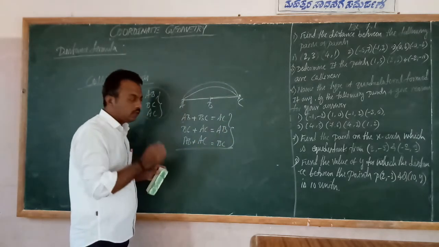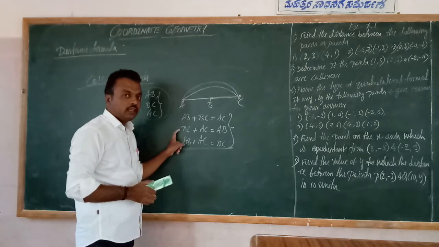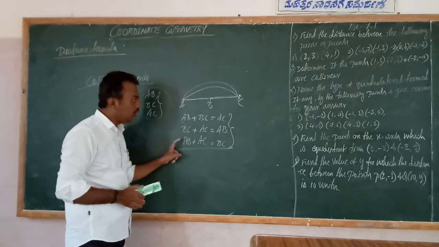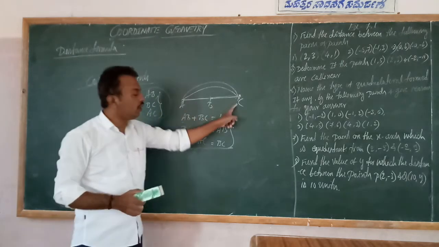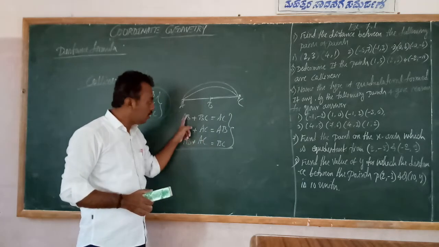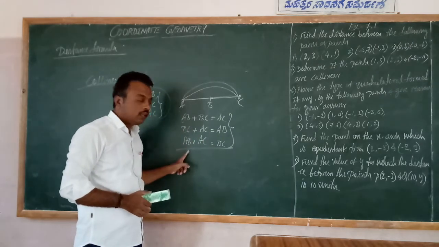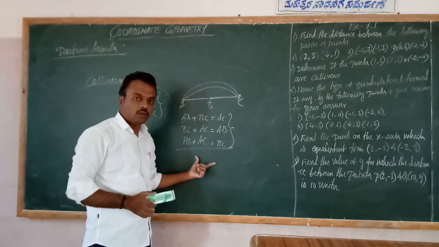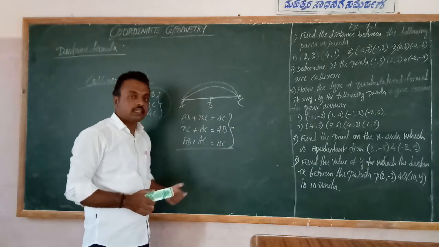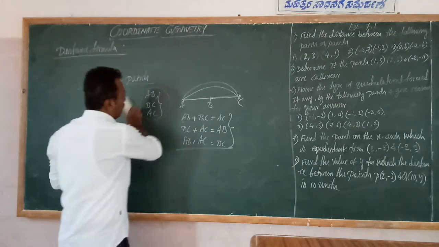If we can satisfy any one of these three conditions, then these three points are collinear. If none of the conditions is satisfied, these three points are non-collinear. So let me discuss this in the exercise problems.